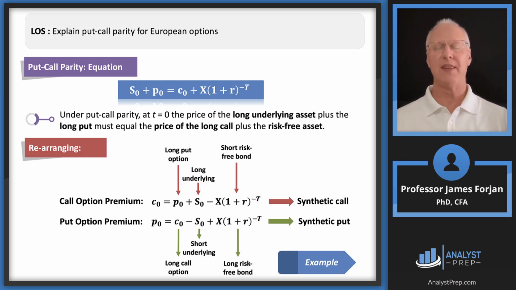This is known as a synthetic call because we are replicating the payoffs of a call option by owning a put, owning the underlying asset, a share of stock, and shorting the risk-free bond. So I would make certain that I know that term, the synthetic call. When you hear that term, automatically think of put-call parity.